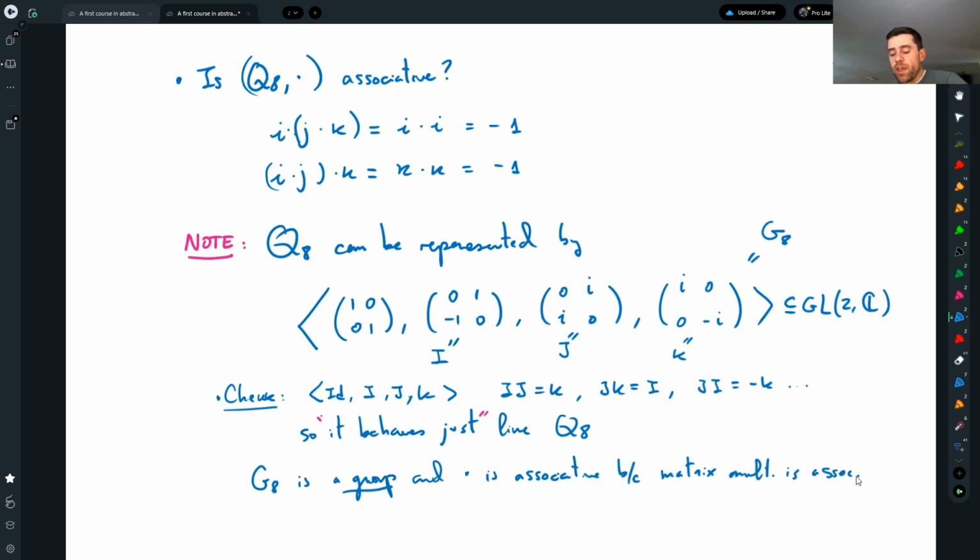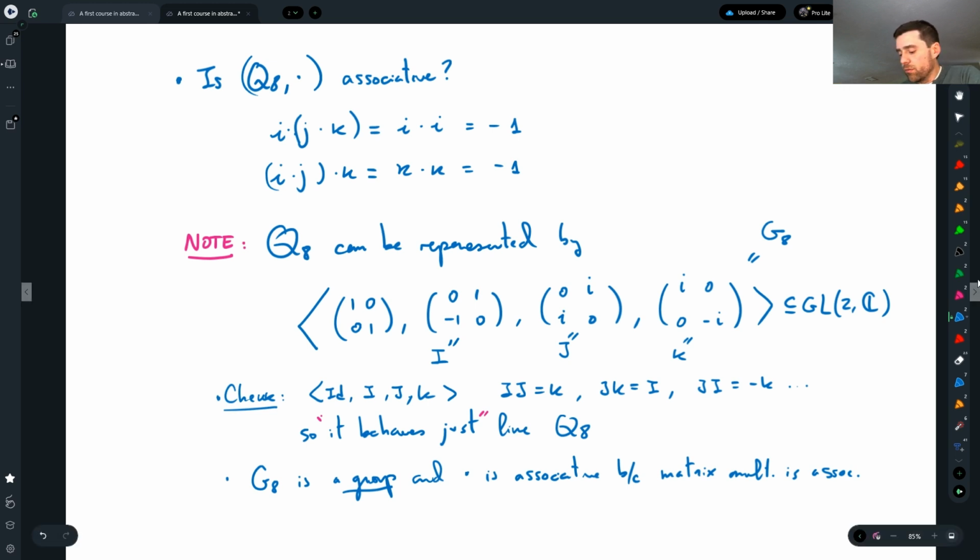So one can check that Q8, the multiplication there, is associative just because there is a form of the quaternions in terms of matrices that gives me that the multiplication has to be associative because matrix multiplication is associative.